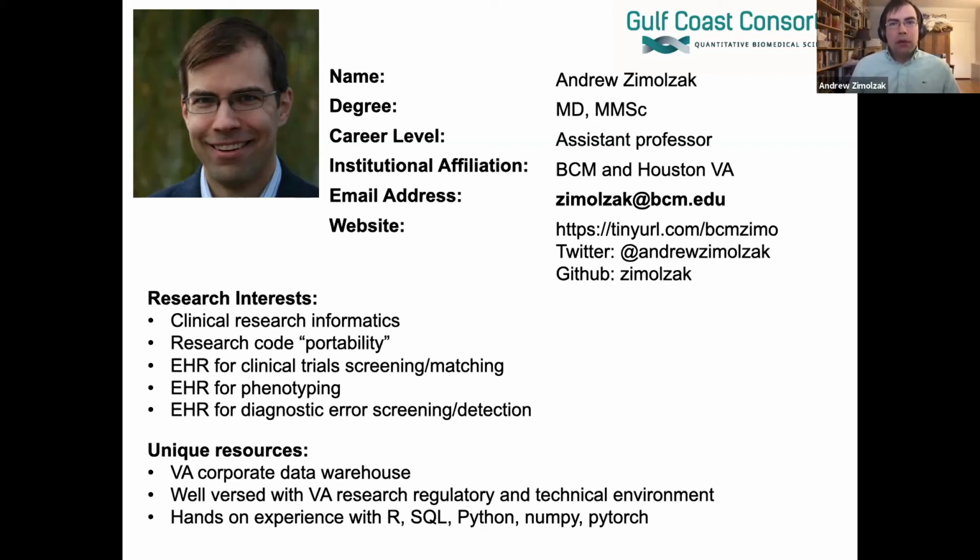In other words, finding constellations of EHR elements that either look suspicious a priori for diagnostic error, or learning such patterns. In one project that my group at Baylor is doing in collaboration with Dr. Subramanian, in fact, from Rice. So I'll talk a little bit about those resources down there.